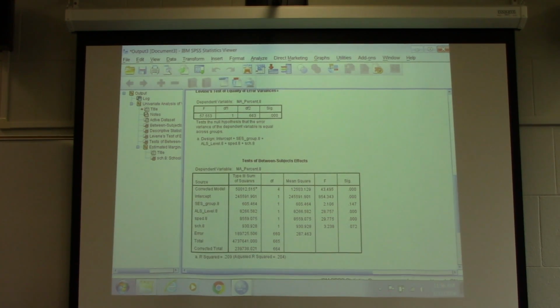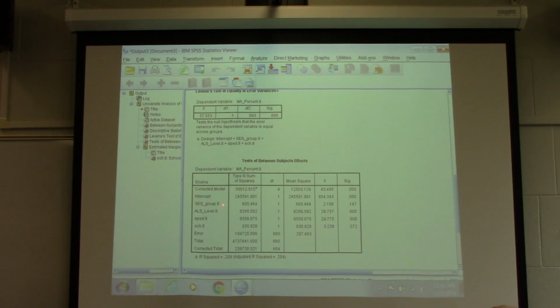Remember that everything below that word intercept until you get to your major groups, those things are covariates. So I asked the question, are there differences in math scores between Bonneville and Backman Elementary after controlling for free reduced lunch rates, English proficiency levels, and special education?